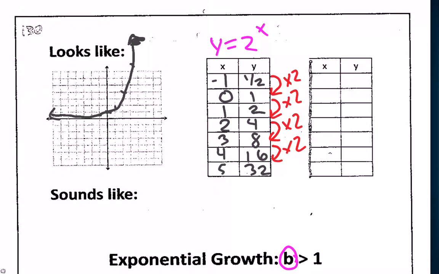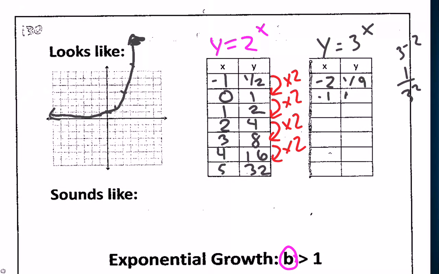Let's look at one more table. How about y equals 3 to the x? And I'm going to start at negative 2 this time. 3 to the negative 2 means I need to put the 3 in the bottom and then still square. So that'd be 1 over 9. I'm not going to do decimals. If you want decimals, whatever.